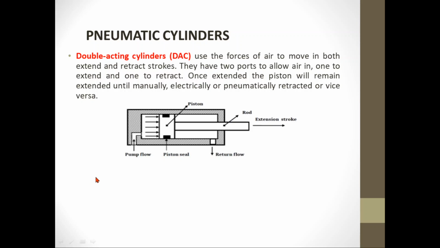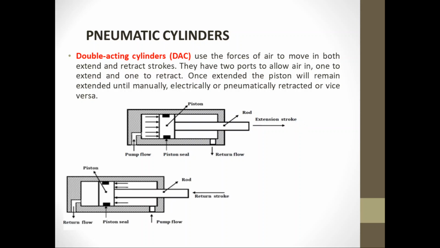If you look at this picture, when air is allowed to flow in this direction, it pushes the piston rod, thereby the double acting cylinder will extend. Now in order for the cylinder to retract, the double acting cylinder does not have a spring.